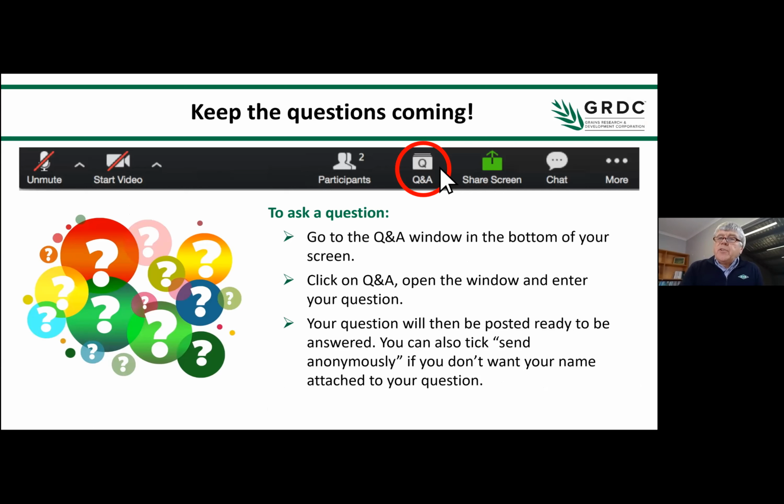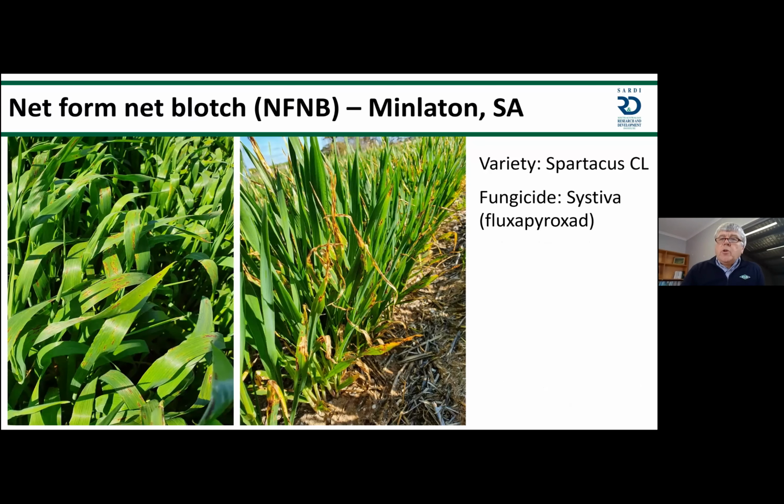Some sinister things happened on the Yorke Peninsula in SA last year. That was that the susceptible variety Spartacus CL, which was susceptible to net form of net blotch, actually showed up that Sustiva or fluxapyroxad, the new seed treatment SDHI, was not working.